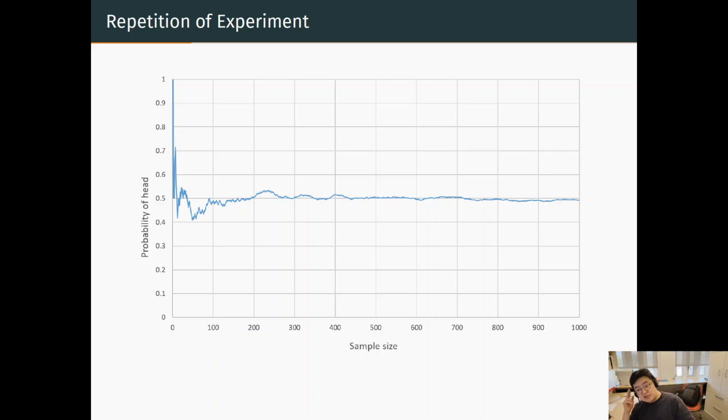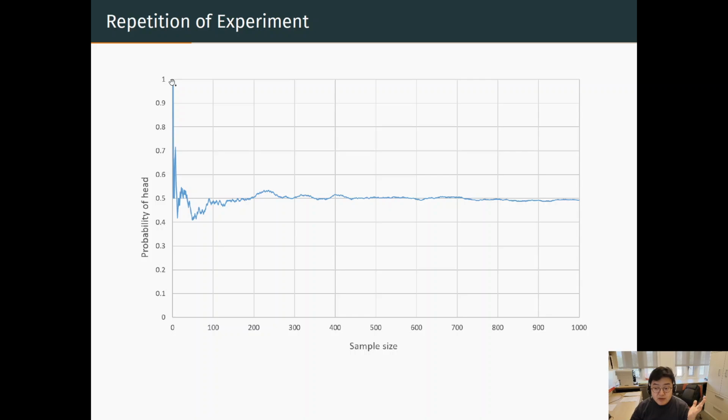But now think about this. If you do not have that assumption, without knowing anything, how can you calculate that probability? You have to throw a coin repeatedly, right? So I simulated the experiment. For example, when you throw a coin for the first time, it's heads.